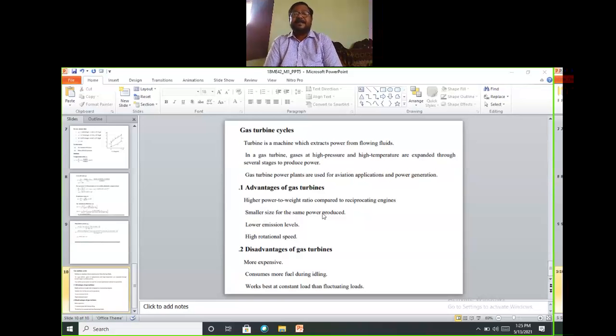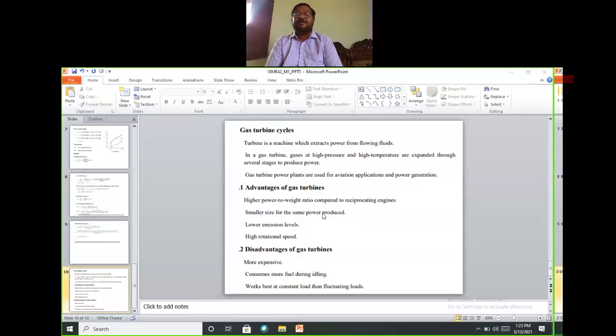In aircraft, gas turbines are very, very essential. If you take any aircraft, the gas turbine must be there. Without a gas turbine, nobody can design an aeroplane or a helicopter or any aircraft.